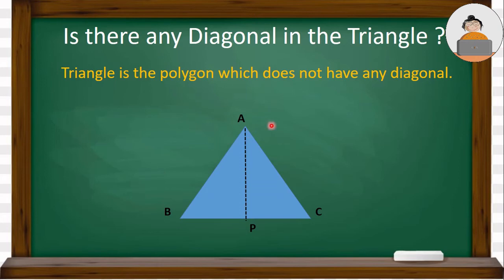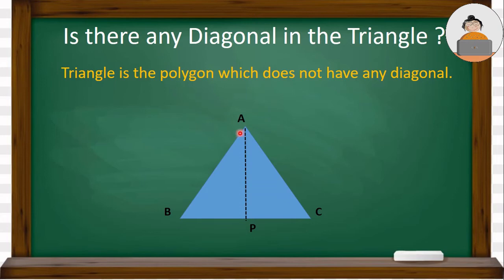So the triangle doesn't have two non-adjacent vertices. That is why we can say that the triangle doesn't have any diagonal.